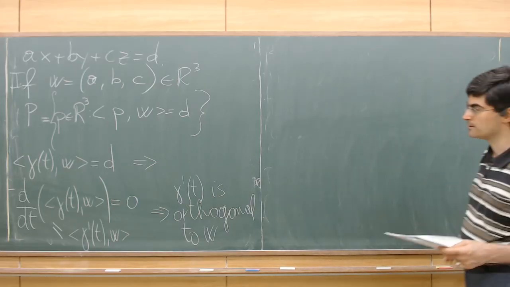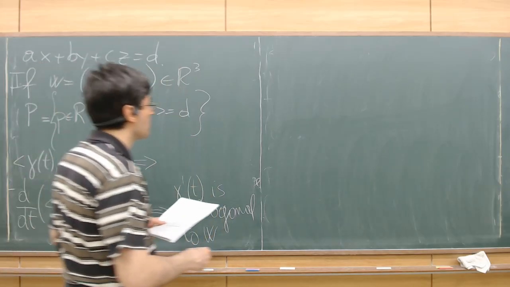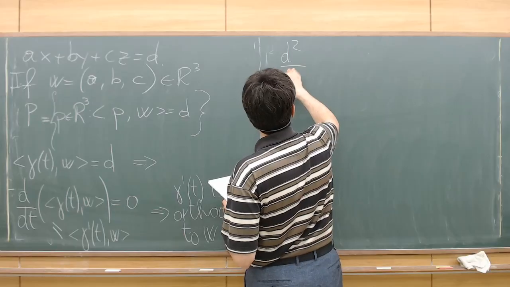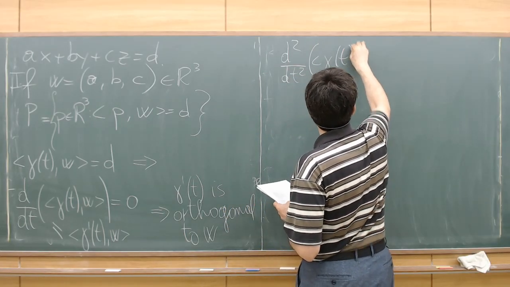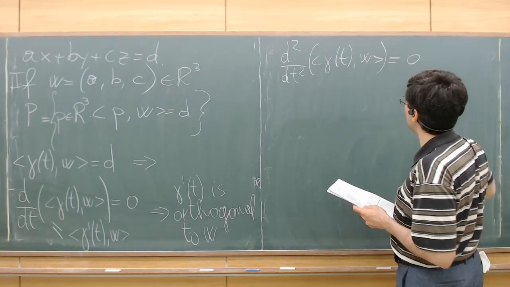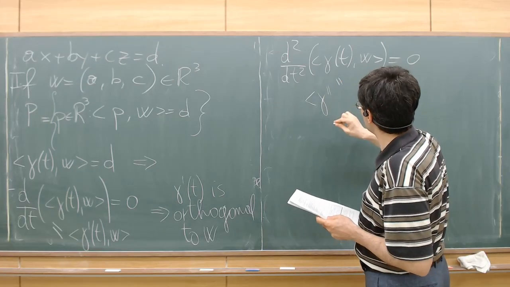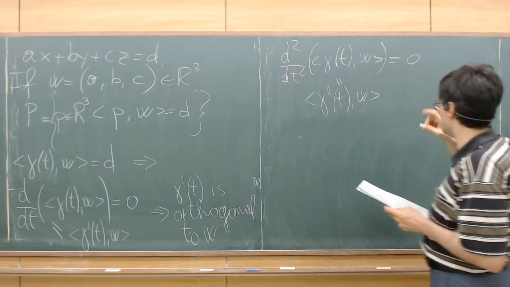If we take the second derivative, we can get d²/dt² of gamma(t) multiplied by w. Of course this is 0, and this is the inner product of gamma second(t) comma w.